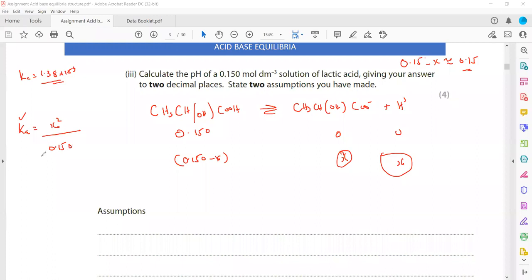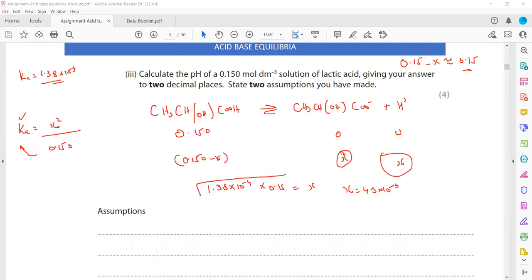So we multiply Ka by 0.15 and take the root, 1.38 × 10^-4 times 0.15, which gives us the value of X. The value of X is the concentration of hydrogen ion, or of the negative ion, which is approximately 4.5 × 10^-3. So X equals 4.5 × 10^-3.